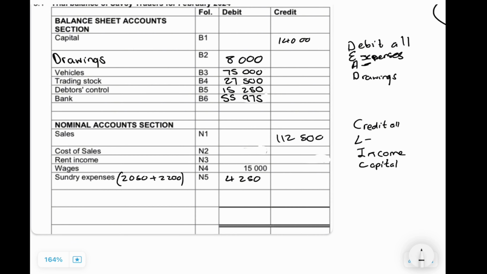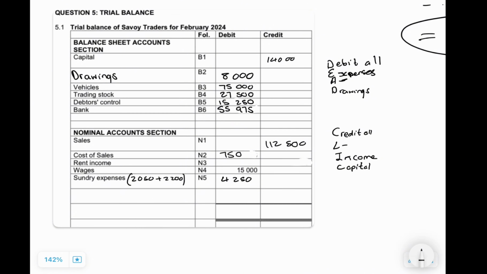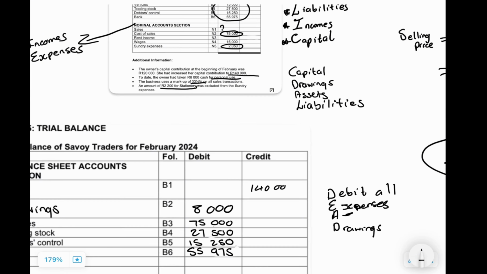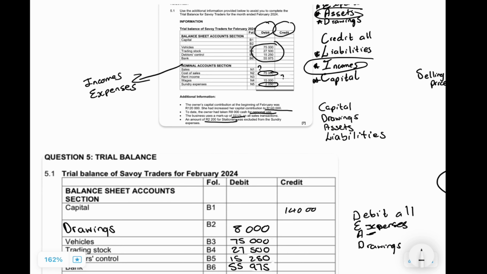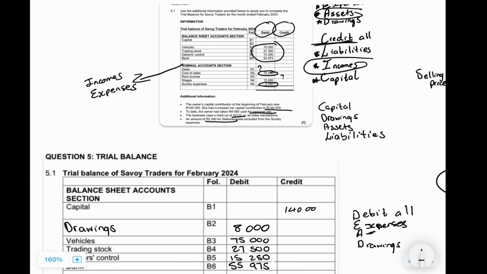And then you go to your cost of sales. It's an expense, so it has to be on the debit side, 75,000. And then your rent income. They did not give us a rent income. We know that our incomes are supposed to be on the credit side because you have to credit them. So we will see that later.